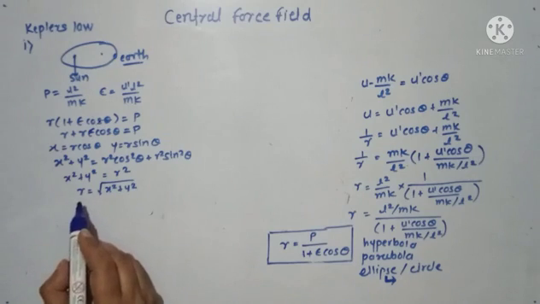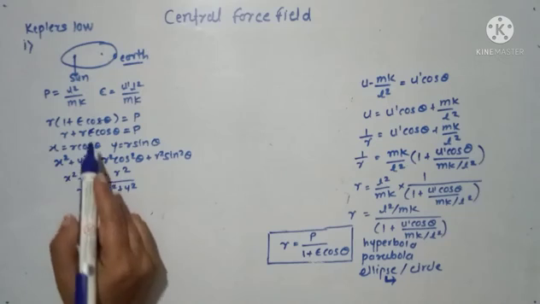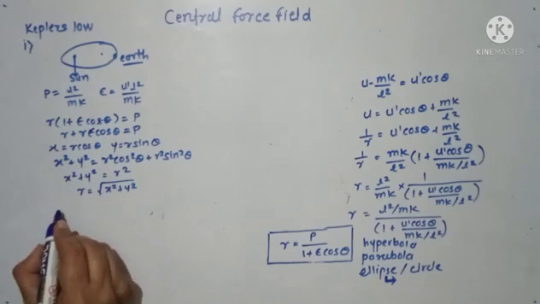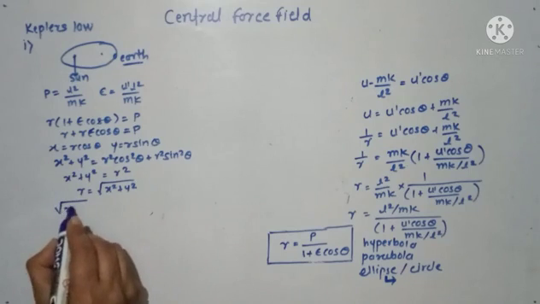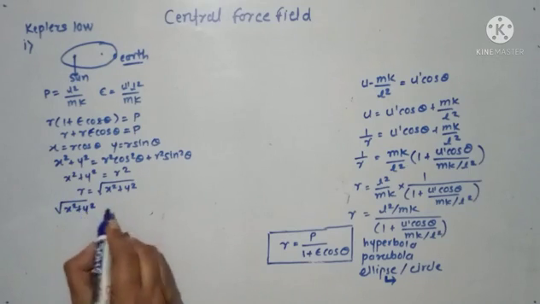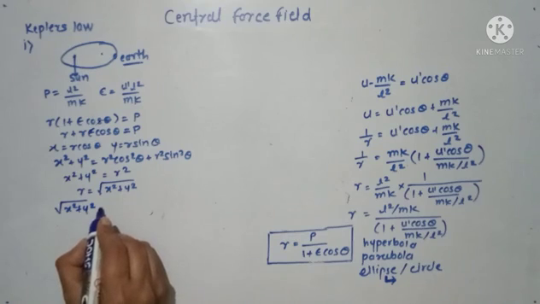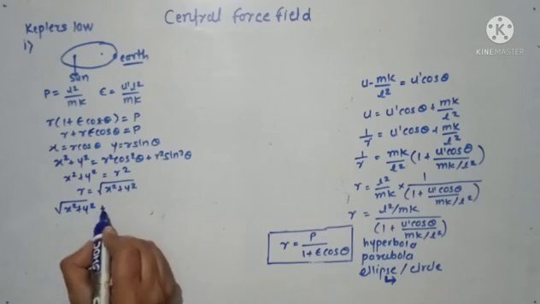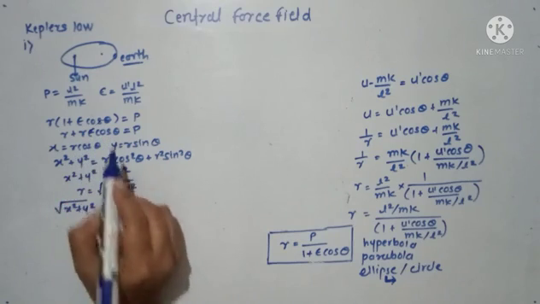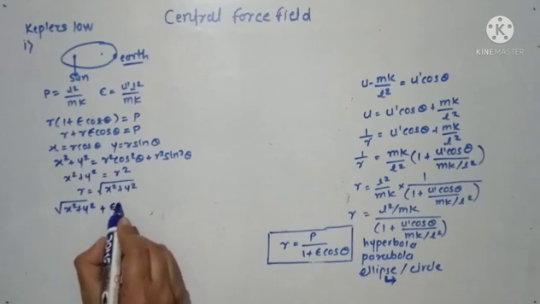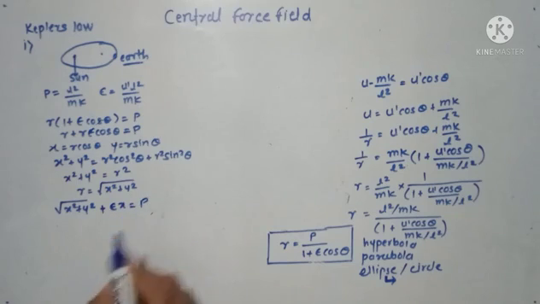Let us put the value of this r into this equation. So this is √(x² + y²) + εx = p, since r cos θ is nothing but x.